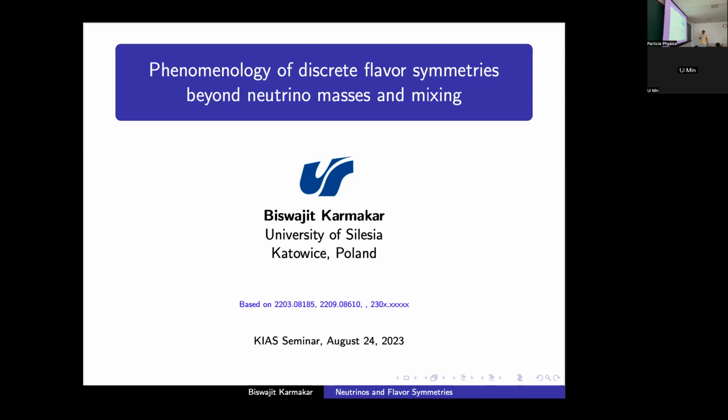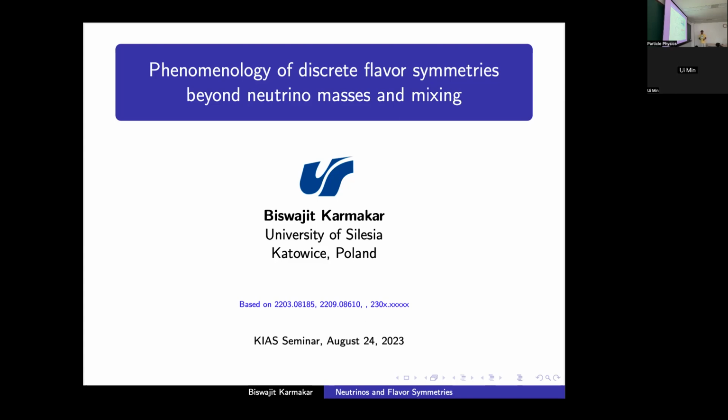So then this part will be gone. It can also be seen at some part of the normal hierarchy scenario. And also there will be some constraints from neutrinoless double beta decay. And since there is flavor symmetry, some decay modes will be on and some decay modes will be off.